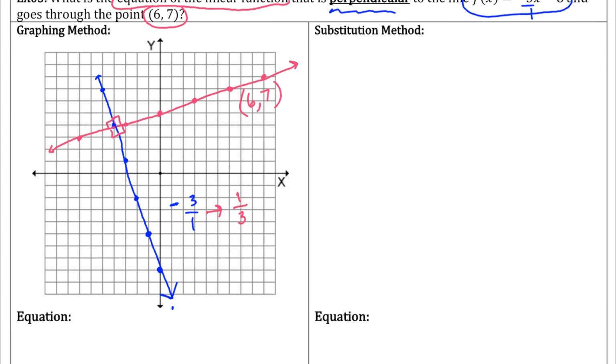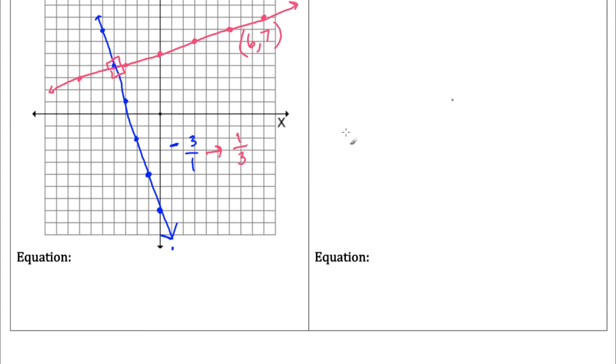So our equation is, well, my y-intercept is 0, 5. So y equals something plus 5.